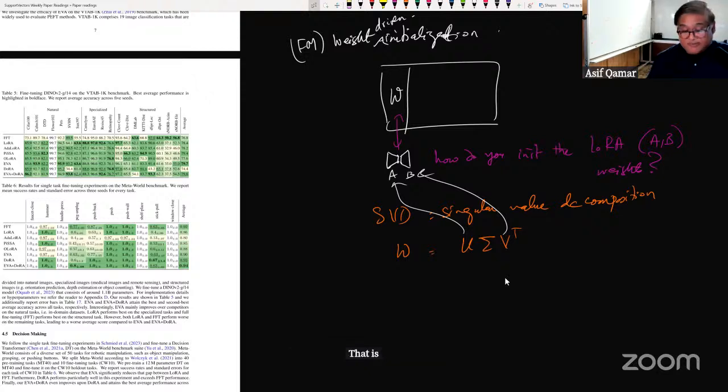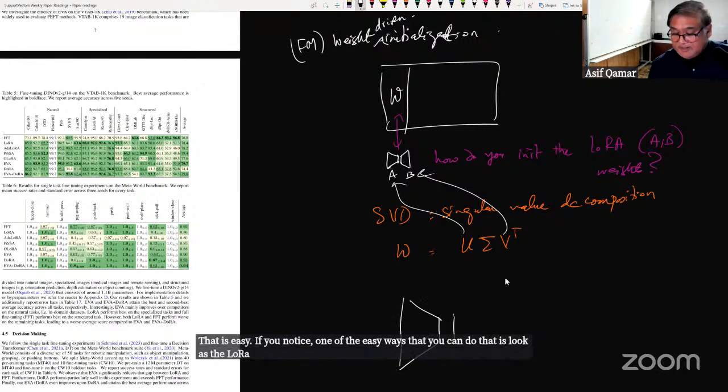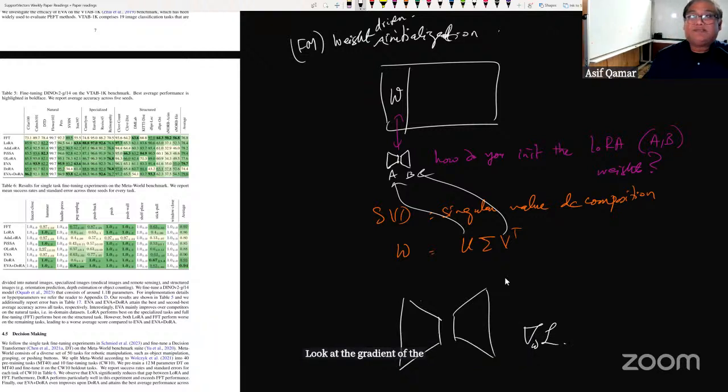One of the easy ways is, as the LoRA is being fine-tuned, look at the gradient of the loss with respect to the weights there. High gradient means what? High gradient means a weight is being very sensitive to the new information, isn't it? Because derivative is sensitivity.